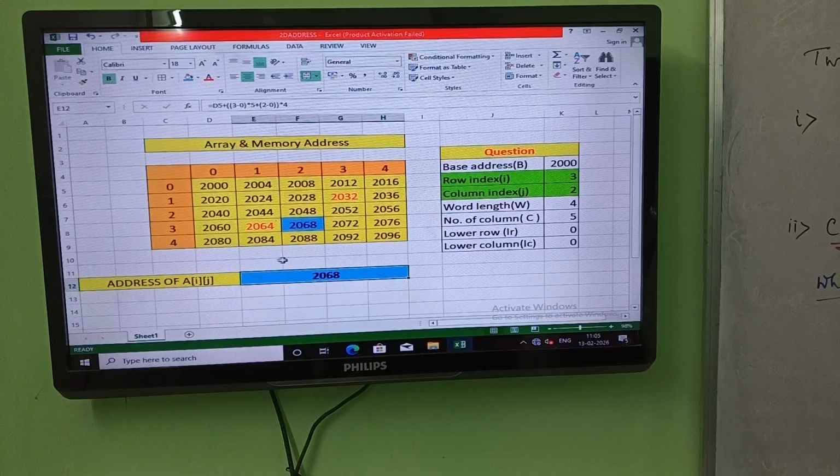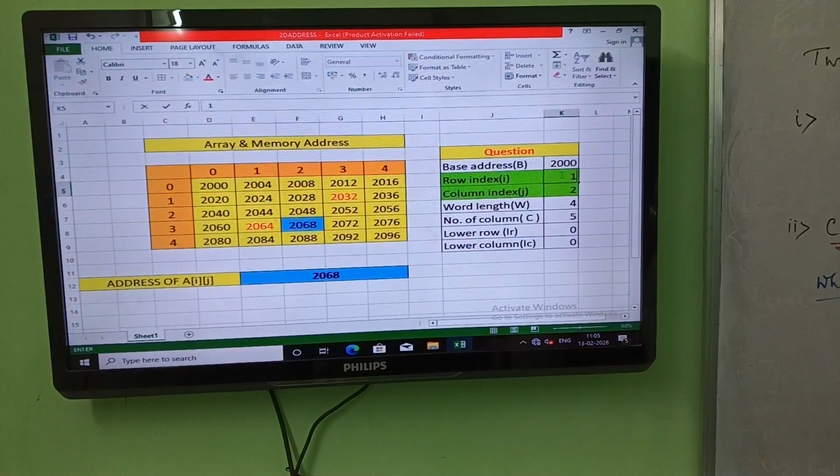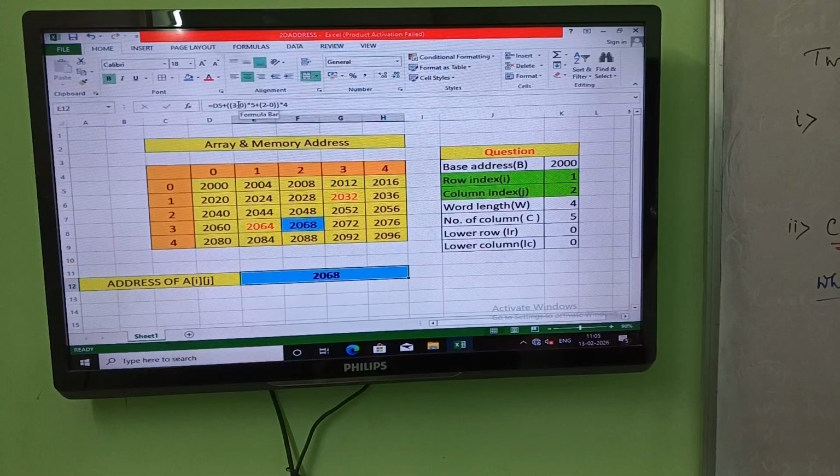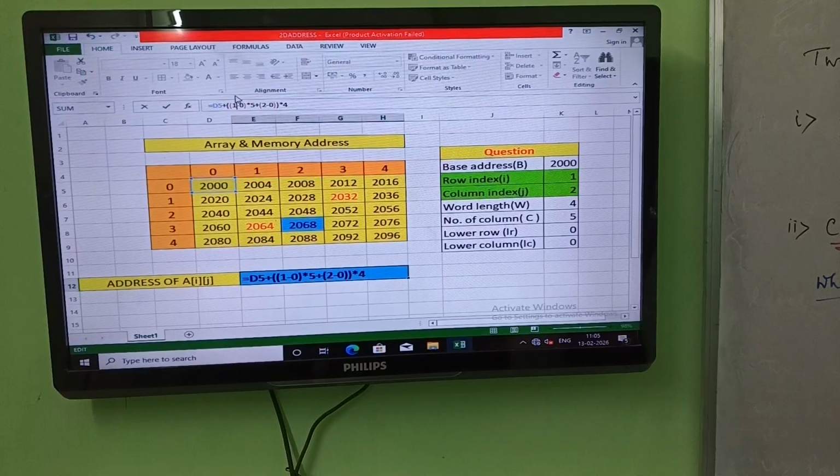Suppose you write any other index, I want to follow with the same problem. Suppose you write index 1 2. I am writing I1 here and J2. So what will I change? You see that this is 1, I means this one, and 2 means 1 2 is there.